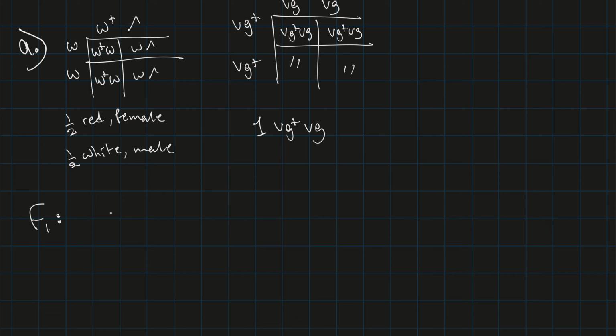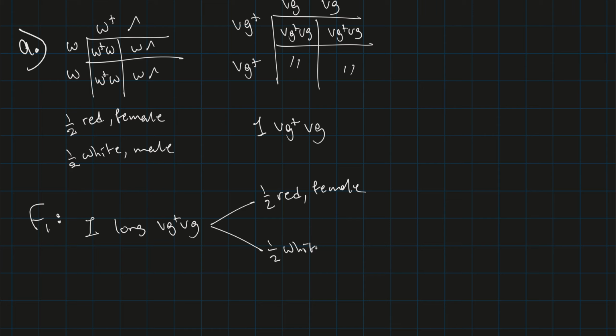We can do a branch diagram where we have, let's start off with doing the wings. We know that 100% are going to be long-winged, right? Which is basically our heterozygous genotype over here. Not homozygous dominant, not homozygous recessive, but heterozygous. And then this can give us two possibilities. Either they're 1/2 red and female, or they're 1/2 white and male.